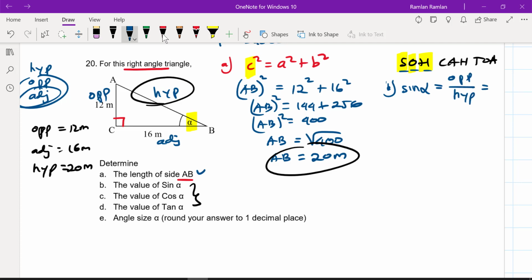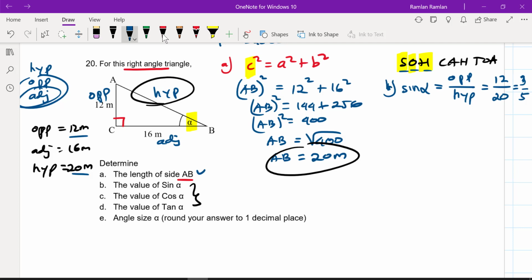Because we already know the value of the opposite and the hypotenuse, just write down those two values. And remember guys, if you have the exact same unit, you don't need to write them down here because they will cancel each other. So it's just 12 divided by 20, and then if we simplify this, divide both by 4, that'll be 3 over 5. So remember guys that you need to answer this in the simplest form of fraction.